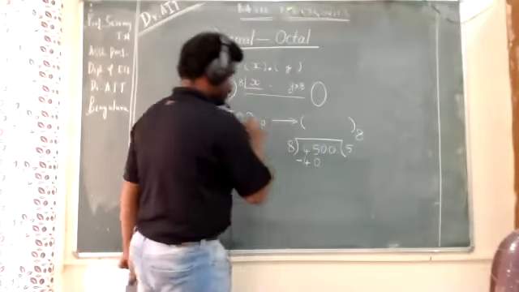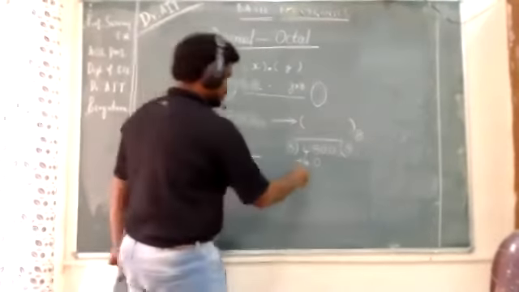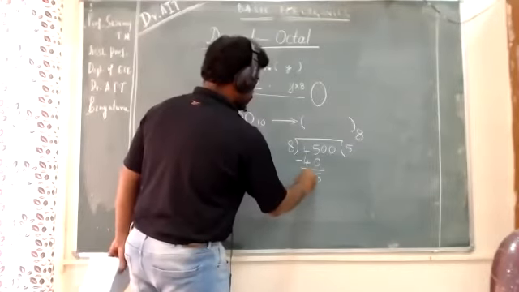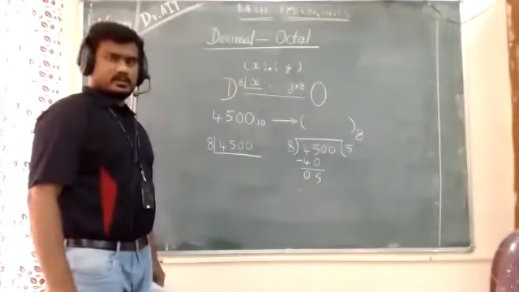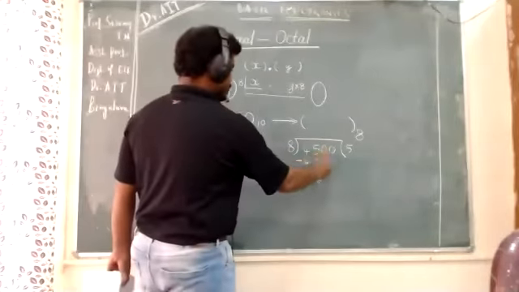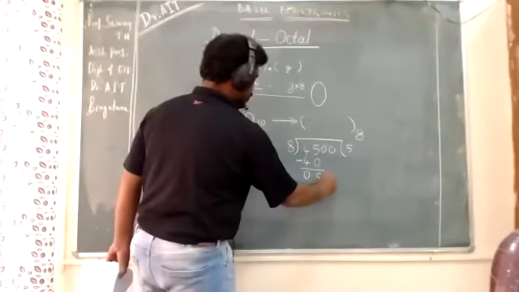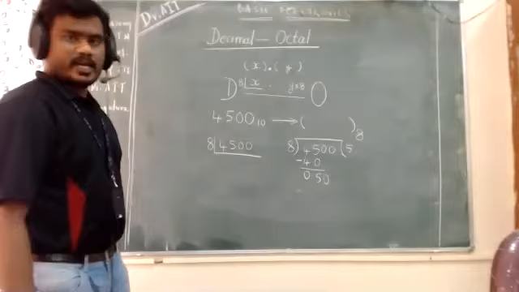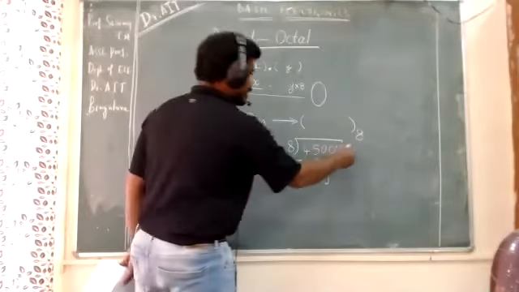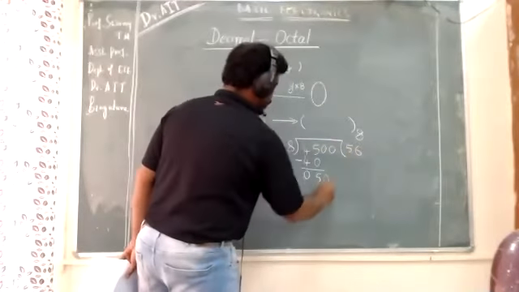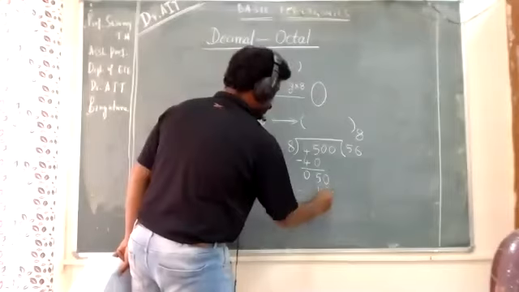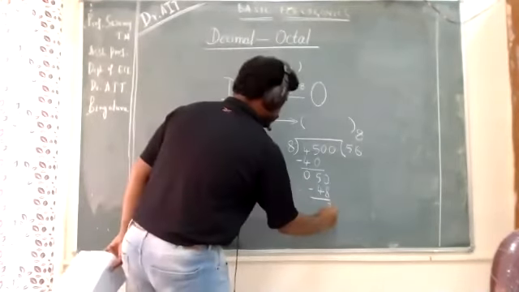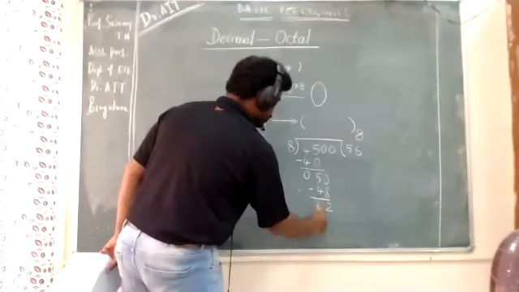Then subtract this and you will get the difference as 5 and this is equal to 0, and I will take this 0 here. Then 8 6s are 48. Then subtract it, and you will get the difference as 2, and this is equal to 0.